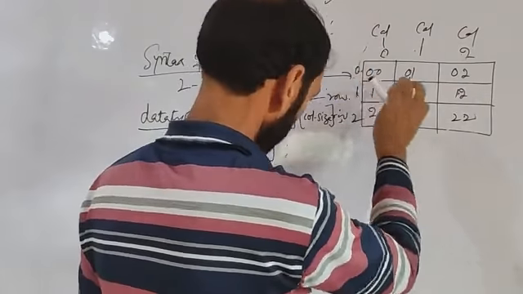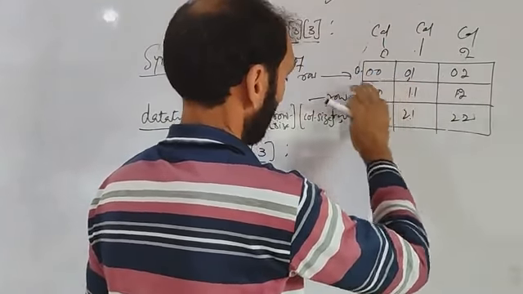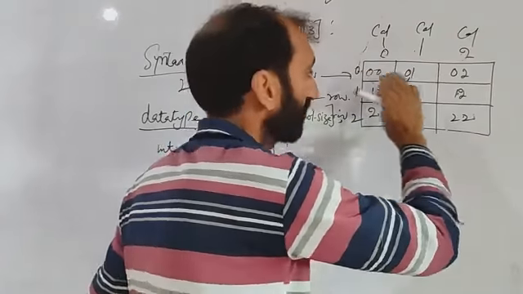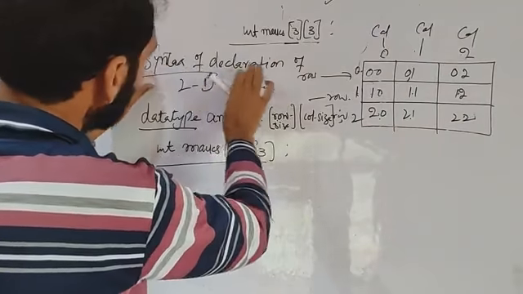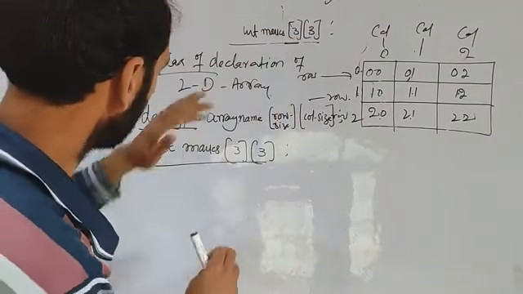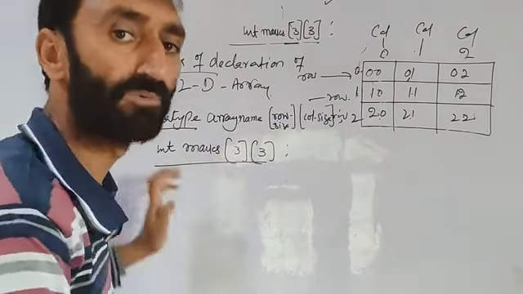Rows could be students and columns could be marks. Okay. This is the syntax to declare an array. First, the data type: what type of data we want to store.